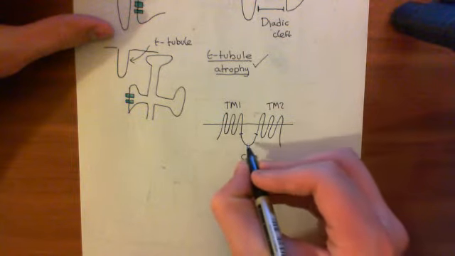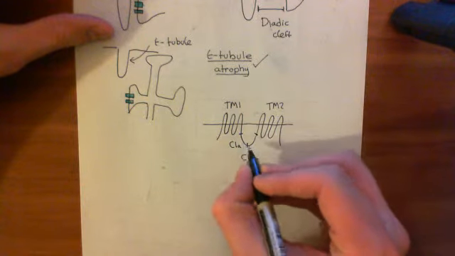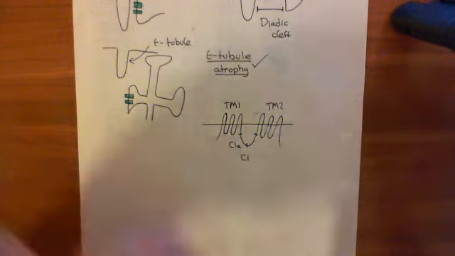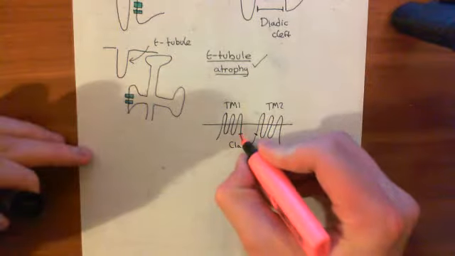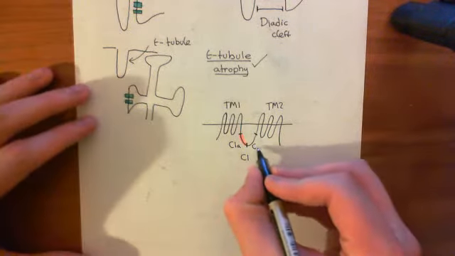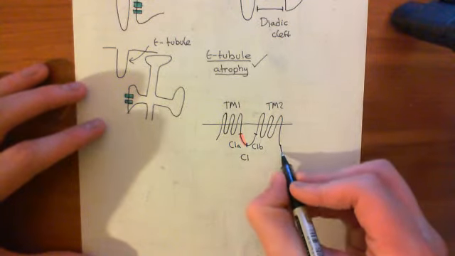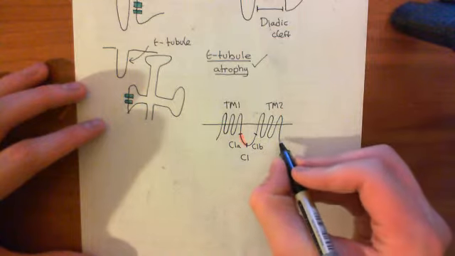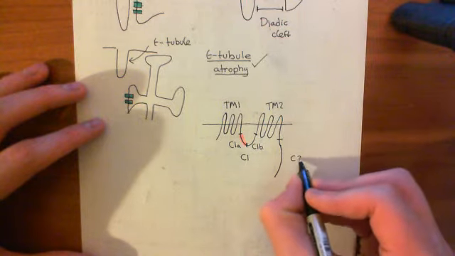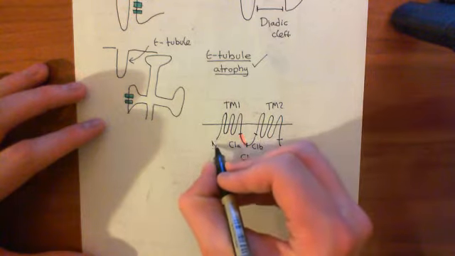This loop between transmembrane domain 1 and transmembrane domain 2 is known as the C1 loop, and it can be divided into two portions: the C1a portion, which is the bit closer to transmembrane region 1, and the C1b portion, which is closer to TM2. Then the carboxyl terminus of the enzyme over here is known as the C2 domain. So here's the C terminus of the polypeptide, and here's the amino terminus.